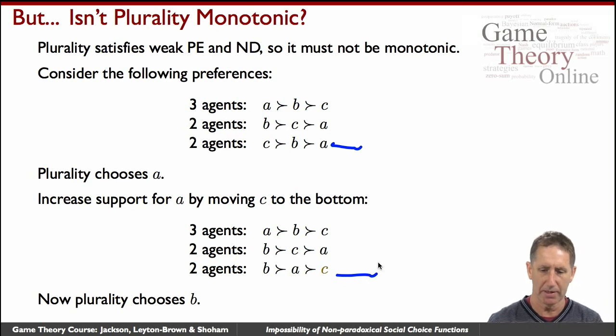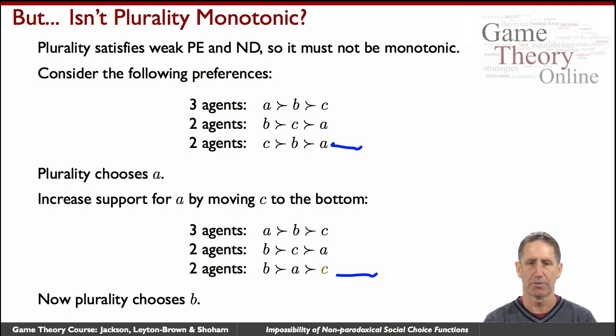We simply make A's situation better. C was preferred to A originally, and now A is preferred to C, and all other preferences relative to A remain the same. So surely you would say A is doing as well as it would have done originally, and monotonicity would say that it would still be the winner, but clearly in this case there are now 4 agents voting for B versus only 3 for A, so B would be the winner now. So plurality is not monotonic.